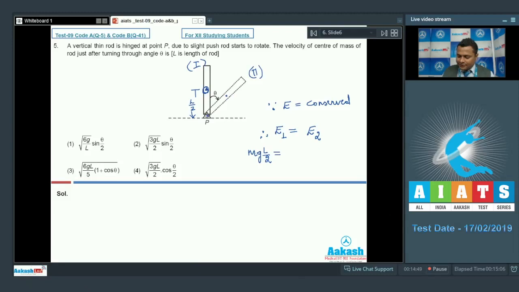Now its center of mass will lie somewhere here. This is L by 2. This is theta. So this height will become L by 2 cos theta.